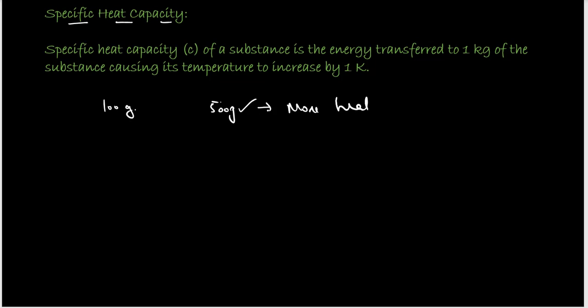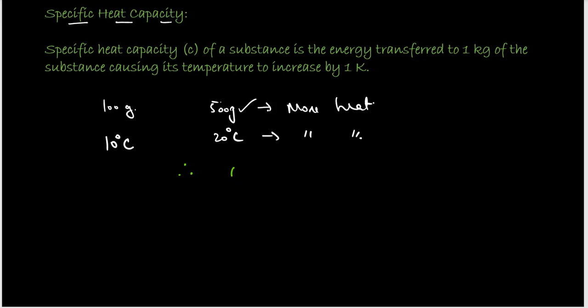And if you need to increase the temperature of one by 10 degrees Celsius and the other by 20 degrees Celsius, that will need more heat. So how much heat energy is required depends on the mass and how much rise we want to cause in the temperature.